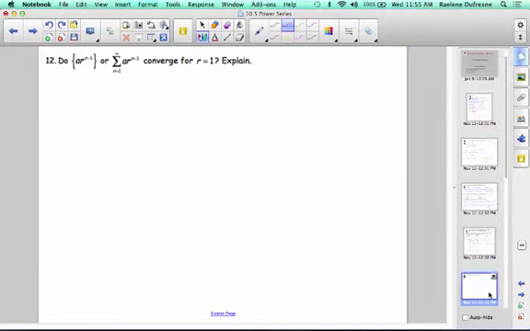Number 12 asks, do this geometric sequence and the geometric series converge for r equal to 1? Well, let's just remind ourselves what the condition is for convergence of any sequence. A sequence a_n converges if the limit as n approaches infinity of a_n exists.